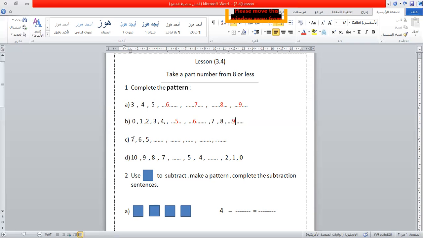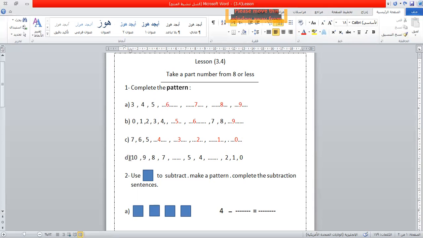Okay, number C here, we have 7, and then 6, 5. Here we will have 4. We are going to subtract 1 each time. 7, 6, 5, 4, 3, 2, 1, and finally 0.